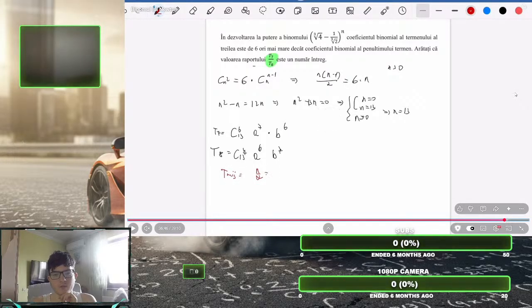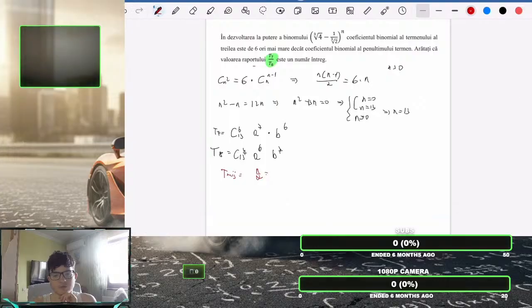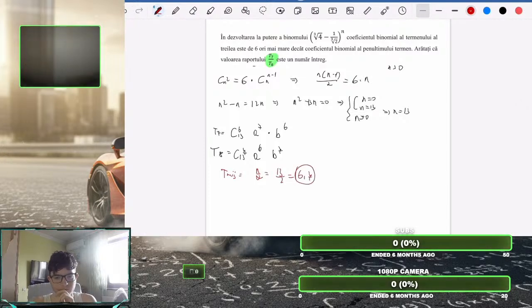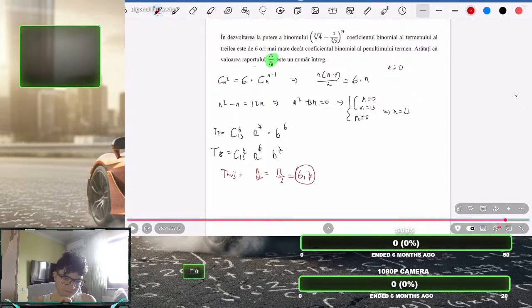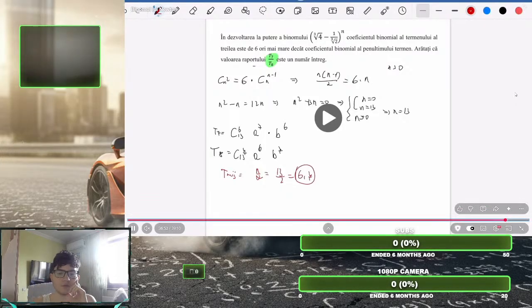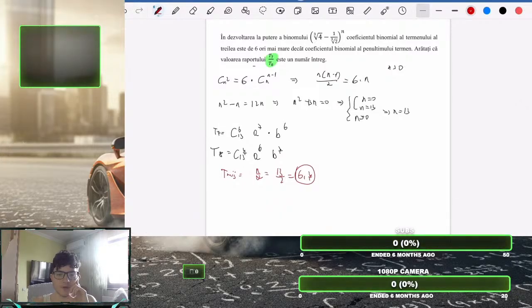We need to determine the middle for some reason, which is n divided by 2, which is going to be 13 divided by 2, but you cannot do that. It's going to be 6 or what? It's 6.5. Or 6 and 7. Two terms in the middle right there. I guess that's how it works.